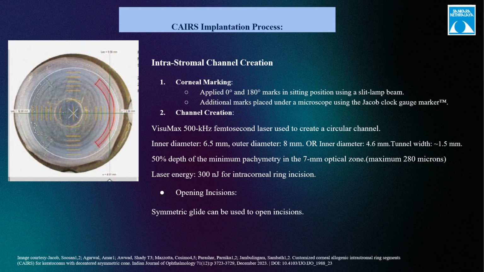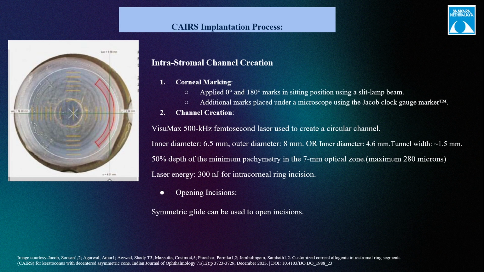So you need to mark the patient at the slit lamp, just like how you do for a toric lens. You mark the limbal 3 and 9 o'clock. And then again you have to make sure that you are marking the visual center so that the spacing will be perfect. And then when you align that with your femto channel creation, everything becomes good. So this is something very important.